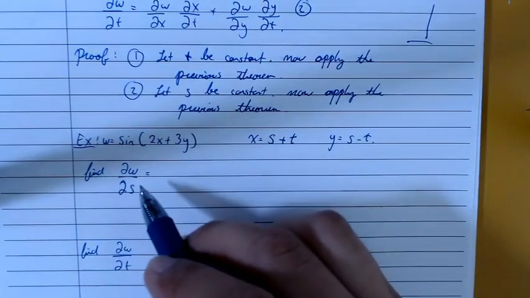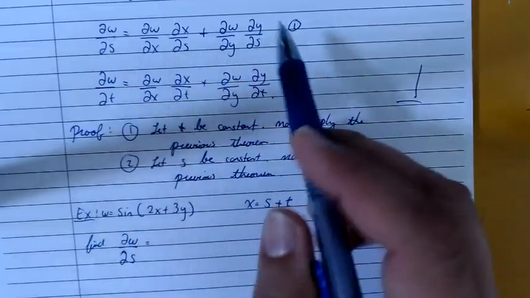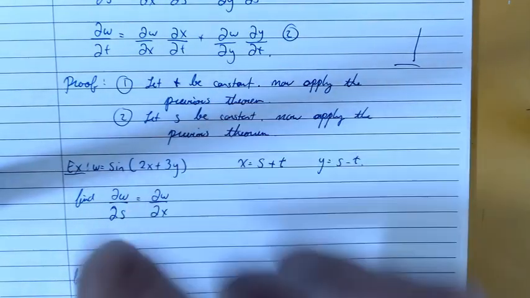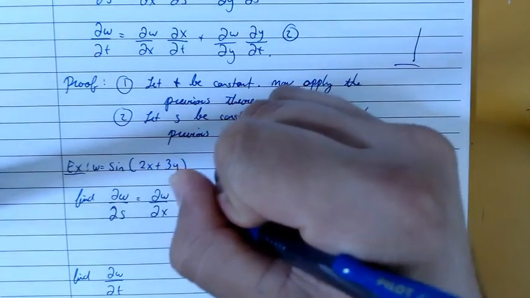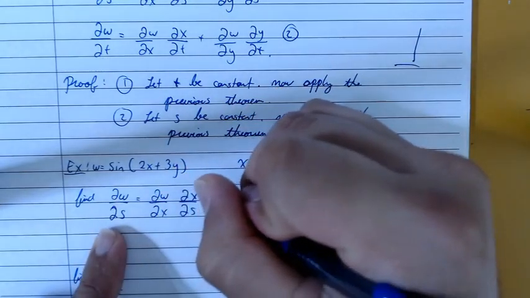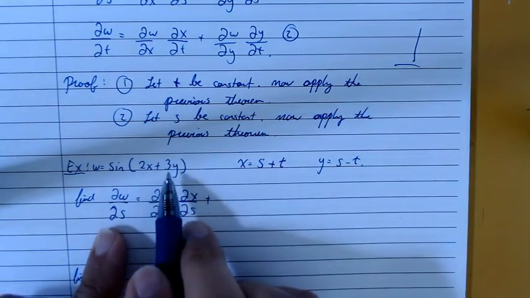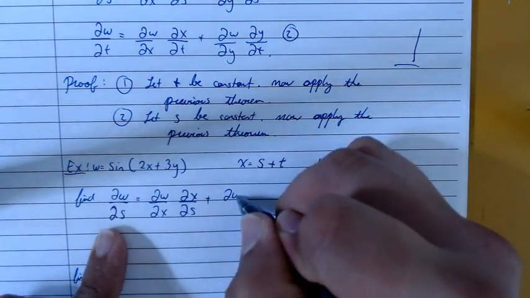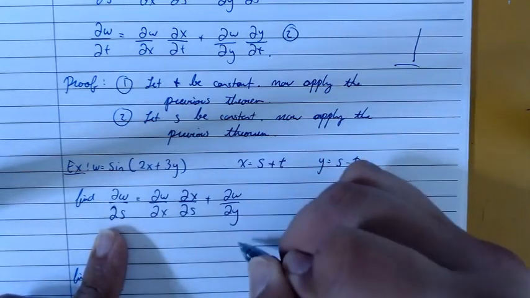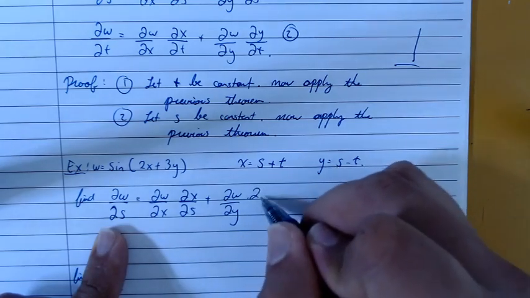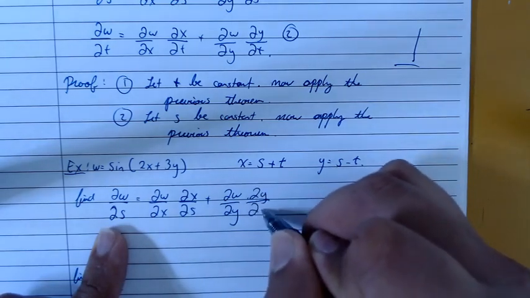All right, so here we go. The partial of w with respect to s, that's this one up here. It's going to be the partial of w with respect to your first variable times the partial of that variable with respect to s, the one we want, plus, well, there's no reason why we have to start with del w del x. We could also use del w del y, but then we're going to multiply by del y del s.